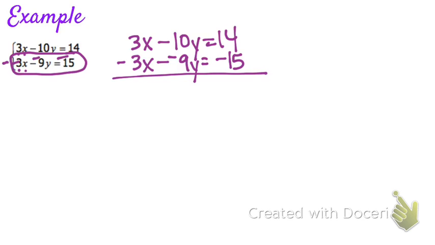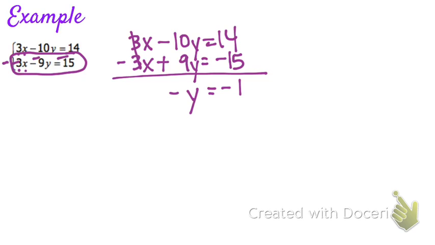When I do that, 3x minus 3x, that cancels out, and then -10y minus -9. That's just like adding, remember? Subtracting a negative number is the same as adding. So that would be -1y, or -y. And 14 minus 15 is -1 as well.